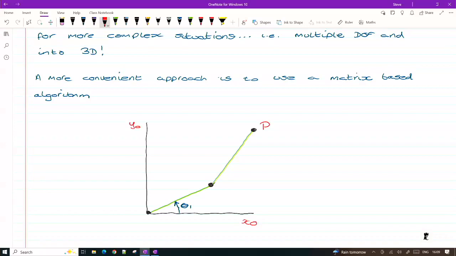For the 2D situation, it's quite easy. As you'll come to learn as we move forward and get into 3D, a number of rules will come into play to decide how we're going to place our frames. But we already have a frame for this joint, and we're going to place a frame for this joint, and the rule for this in a 2D system is quite simple.